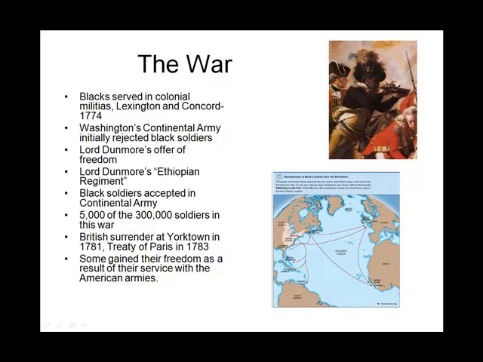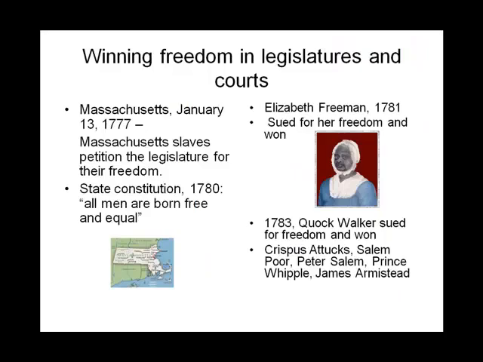Many of them went to Nova Scotia in Canada, and then from Nova Scotia they would eventually either go to England or go back to Africa, to the British colony of Sierra Leone on the west coast of Africa.